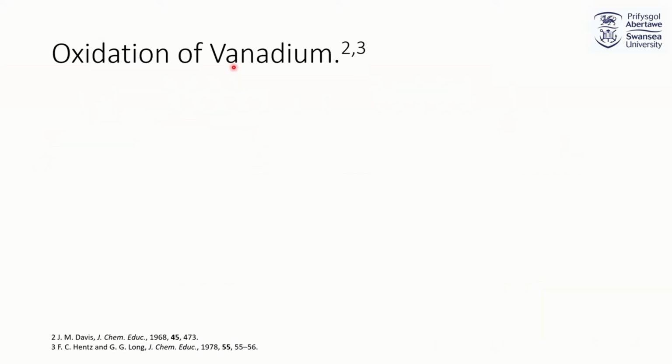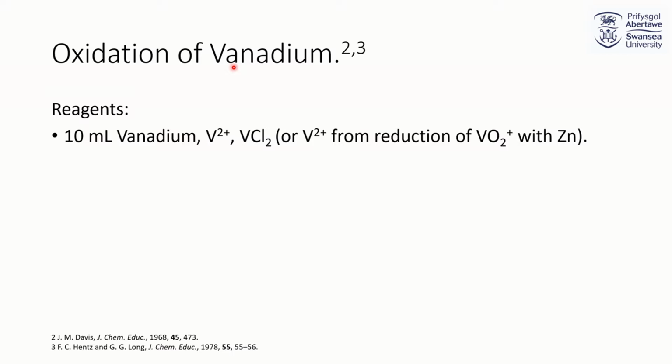The oxidation of vanadium can be demonstrated with a series of potassium permanganate titrations. First of all, a vanadium 2+ aliquot was required.